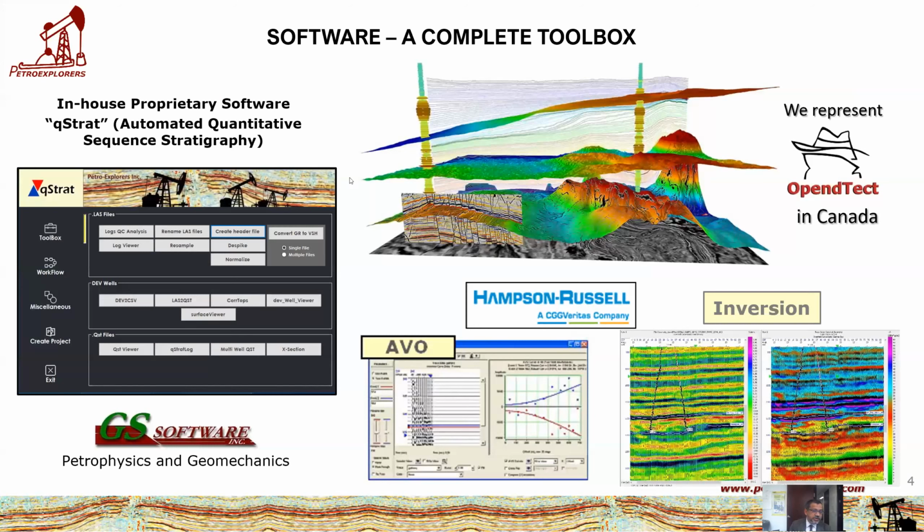And then on the geological side, we are developing new software for QStrat, which does a lot of work taking the log data and converting them into sequence stratigraphic models, cross sections and maps, which can then integrate with seismic to make a complete science model.